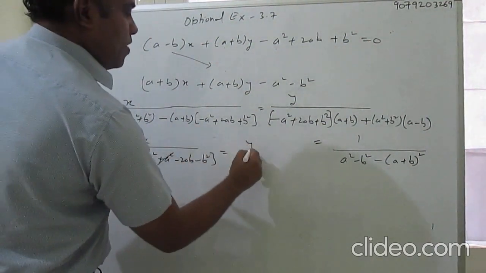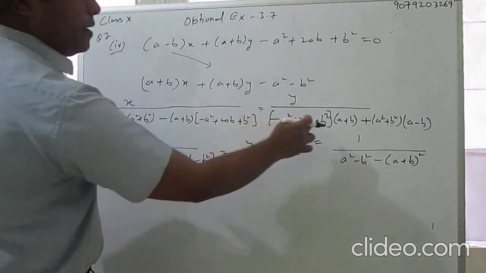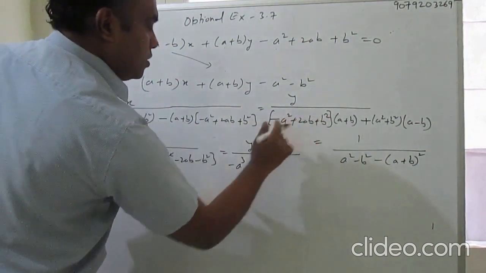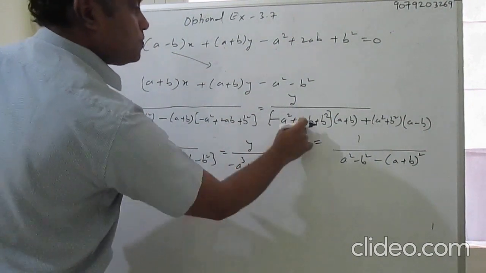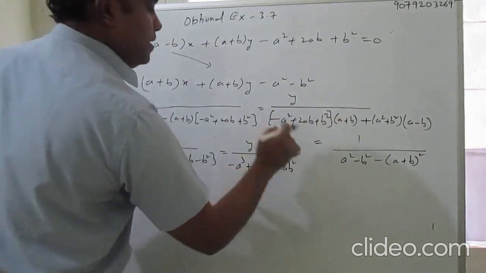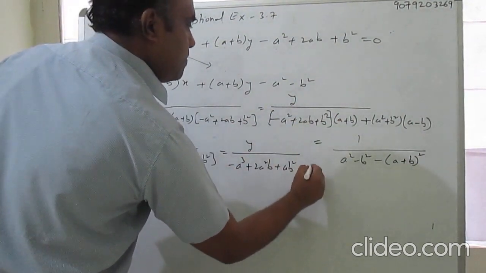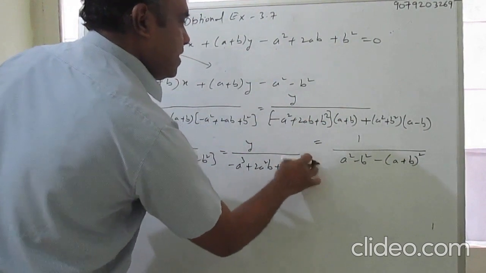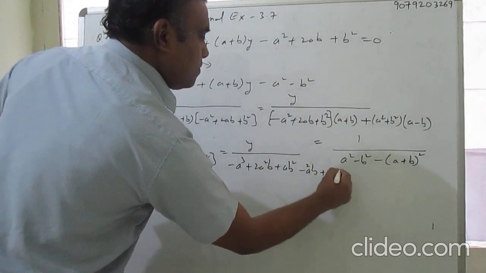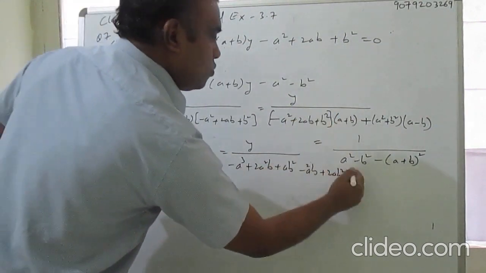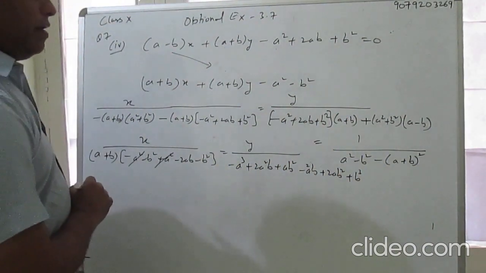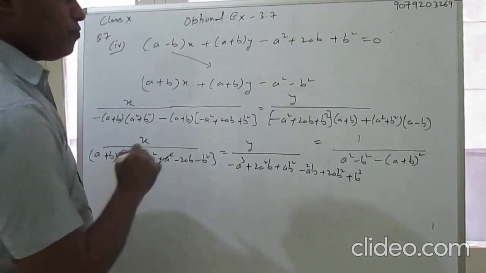Now y upon, multiply this, minus a cube plus 2a square b plus ab square, now with b, minus a square b minus a square b and plus 2ab square and plus b cube plus b cube plus b cube.